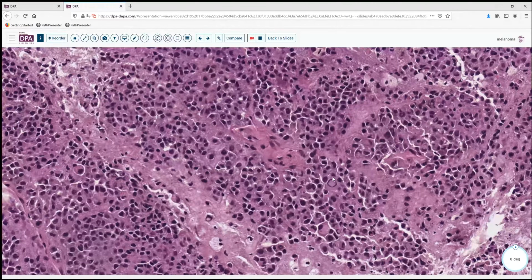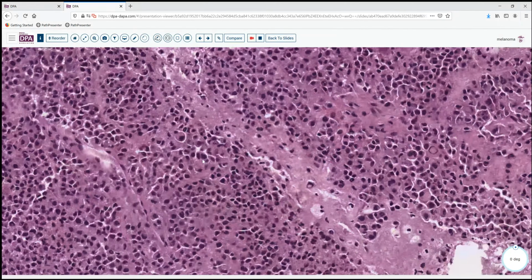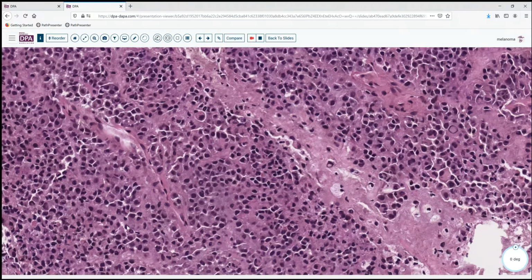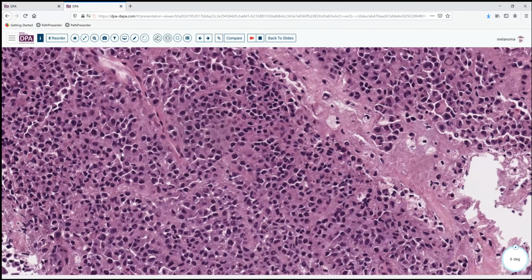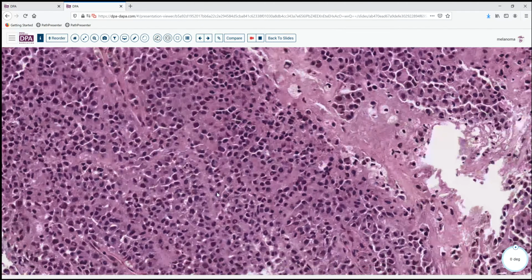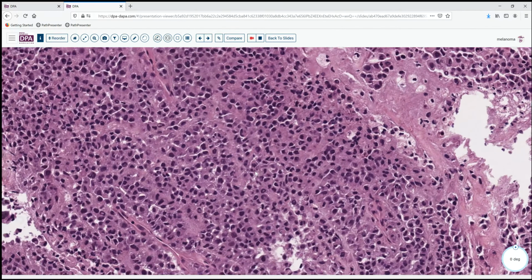And look here, we've got a few cells that have this nice inclusion in the nucleus. So this raised the history of melanoma as a possibility. On further questioning, the surgeon volunteered that the patient did have a very remote history of melanoma.